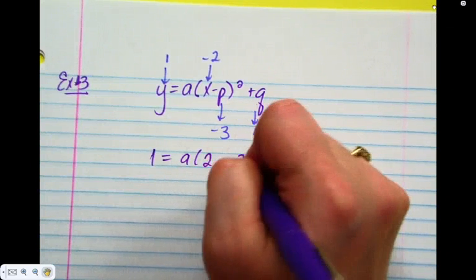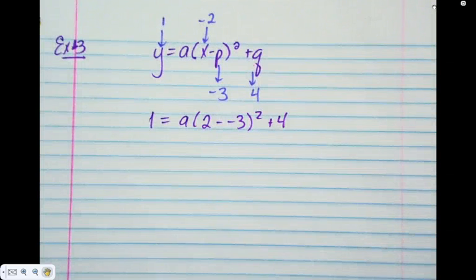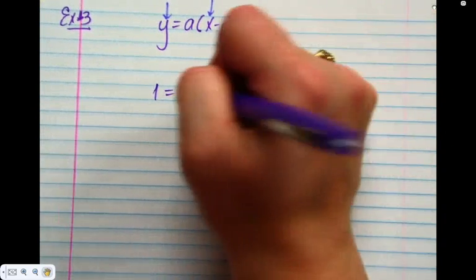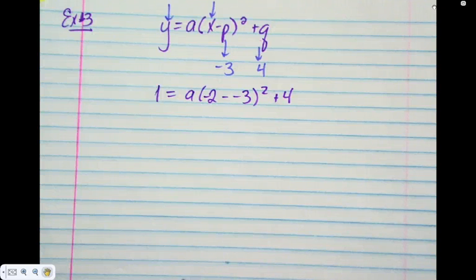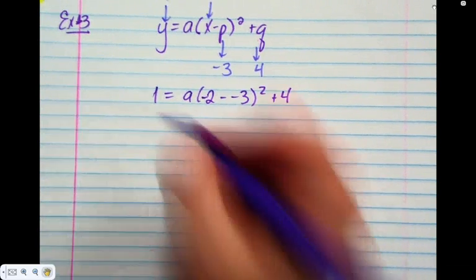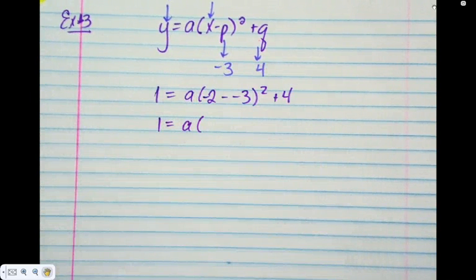negative 2 minus negative 3 squared, plus 4. Bed mass. Oh, is it negative 2? Yes, it is. Thank you. Bed mass. What do you want to do first? Negative 2, negative 3.